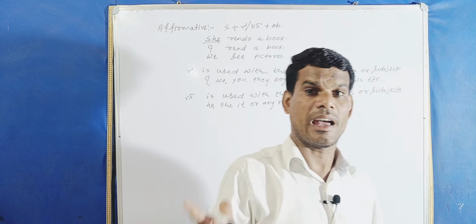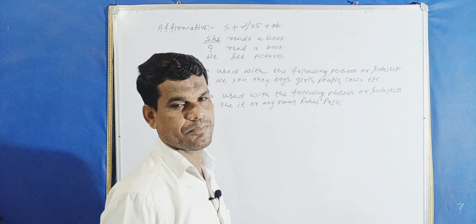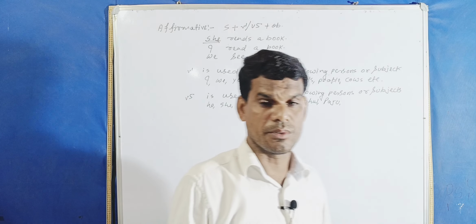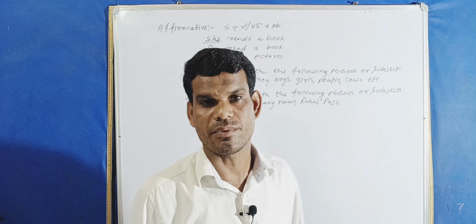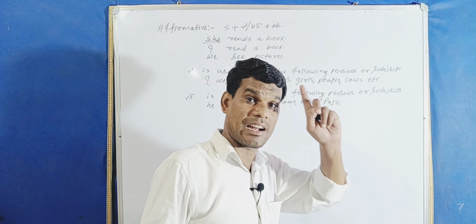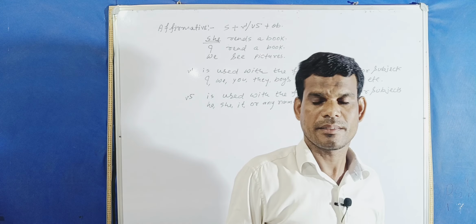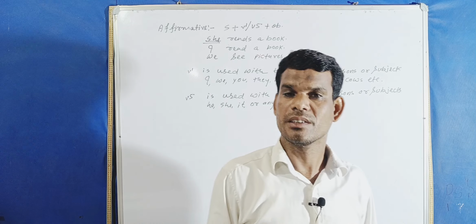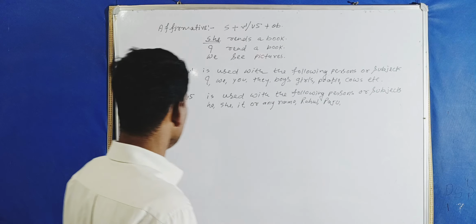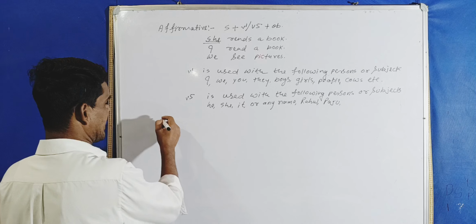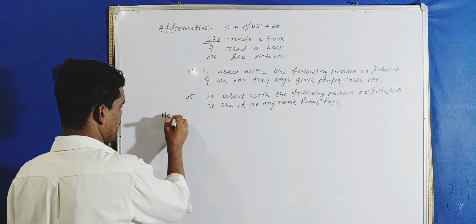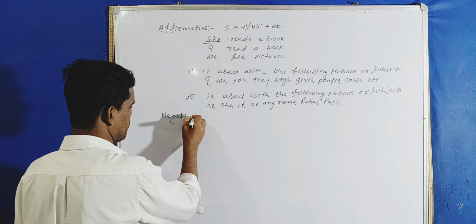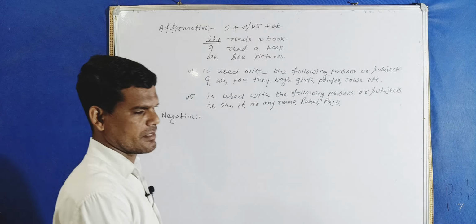This is in an affirmative sentence only. But when we use the negative form of the simple present tense in active voice, this verb 5 will not be used. Now we see the negative form of the sentences.